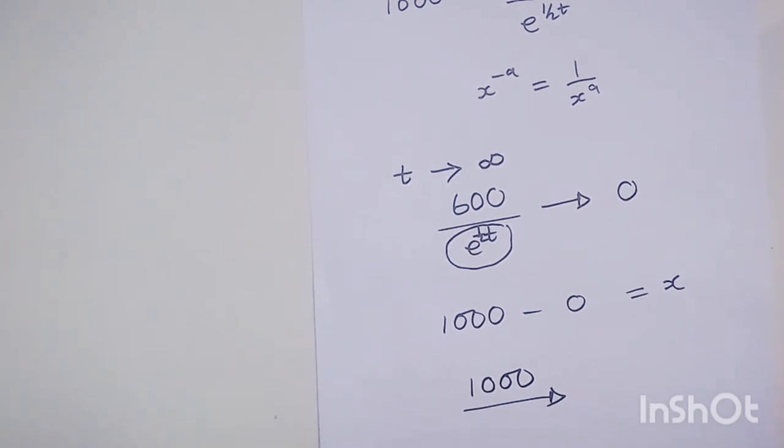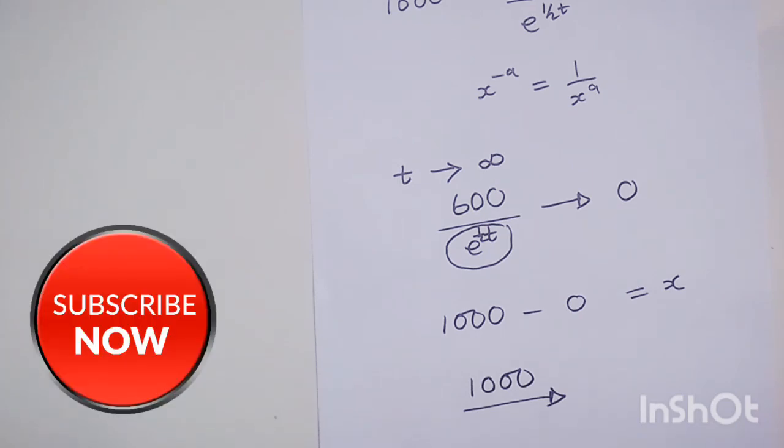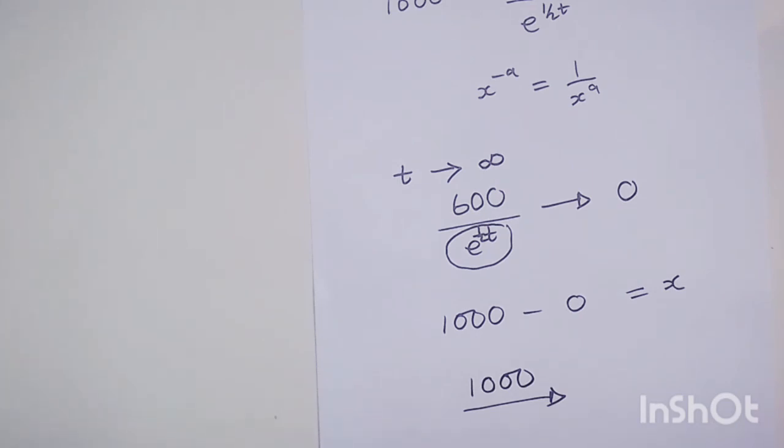Because as t approaches infinity, the fraction in front of 1000, which is negative 600 over e to the power of half t, approaches 0. The denominator becomes too large, whilst the numerator is fixed at 600. So your final answer is 1000.